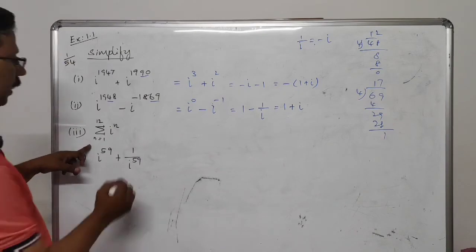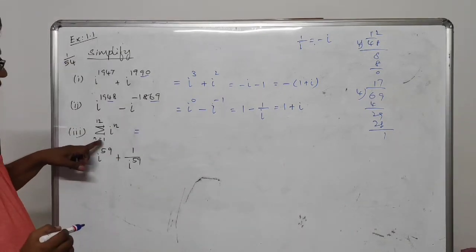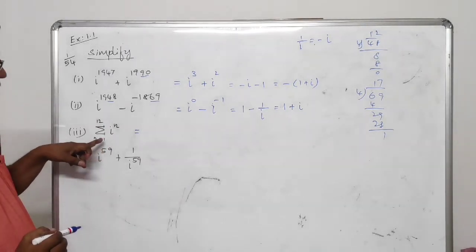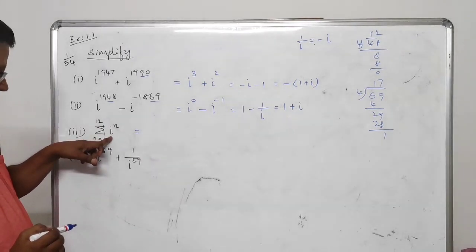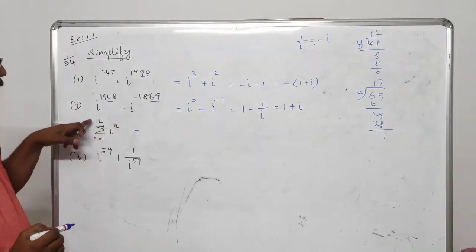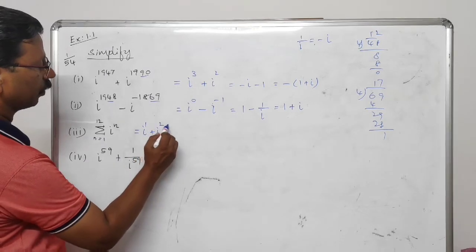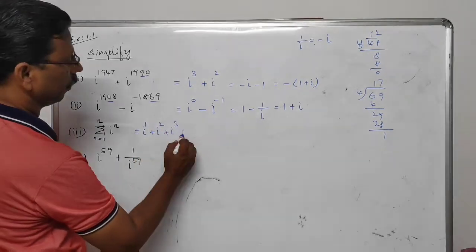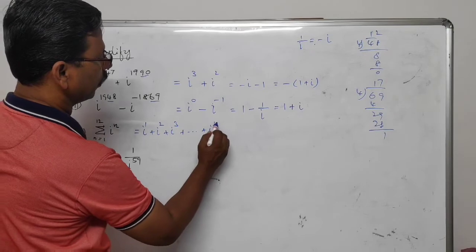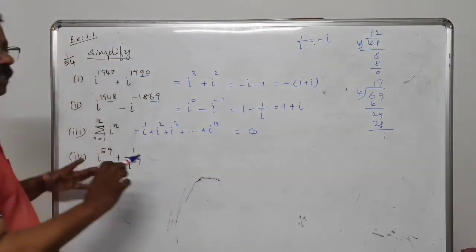Now here you can take summation n ranges from 1 to 12, i power n. That means you have to add the powers of i starting from 1 to 12. That is i power 1 plus i power 2 plus i power 3 plus and so on, plus i power 12. Now its value is also 0. We can say it simply. How?